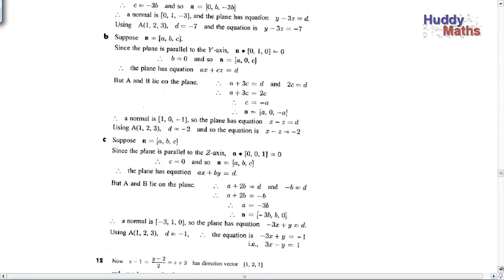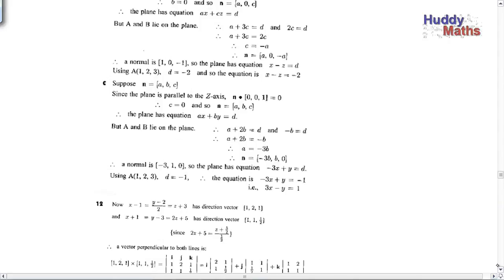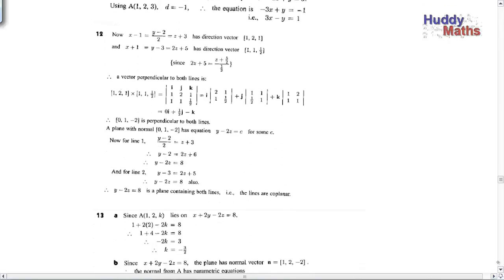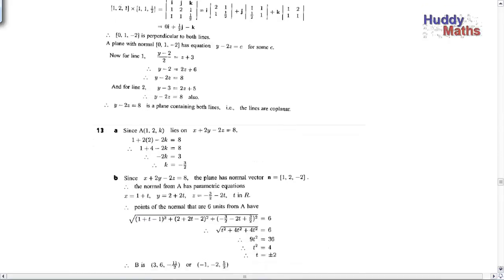There's 11, A and B. And then C. And then 12. Quite a bit of practice here, it's important to do it. And 13.